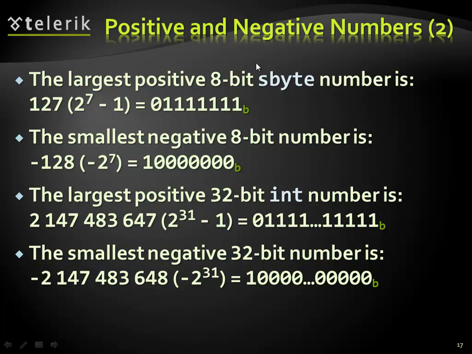That means we have all the other bits to use for the number. In that case, if we want to represent the highest number possible, we have to turn on all the other bits and keep the first bit turned off. That's how we can construct the highest positive number in a signed variable.